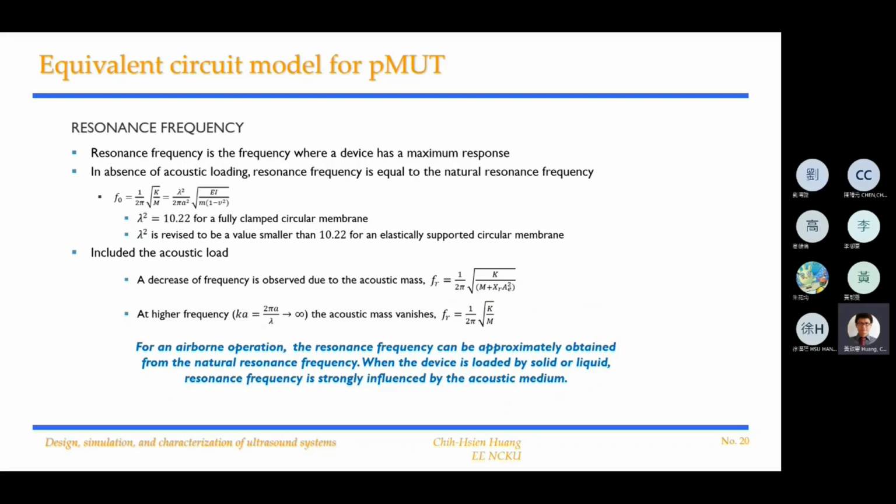And if you remember, when you have the transformer, you have A1 here, but if you want to move the impedance to this side, you have to multiply by its square. But anyway, at higher frequency, most of the time you will just ignore this part, because the impedance from the mechanical mass should dominate your models.